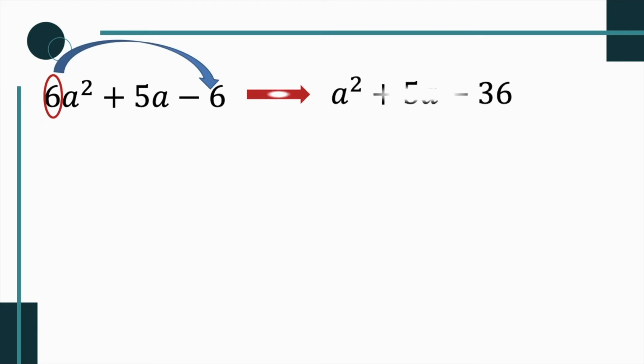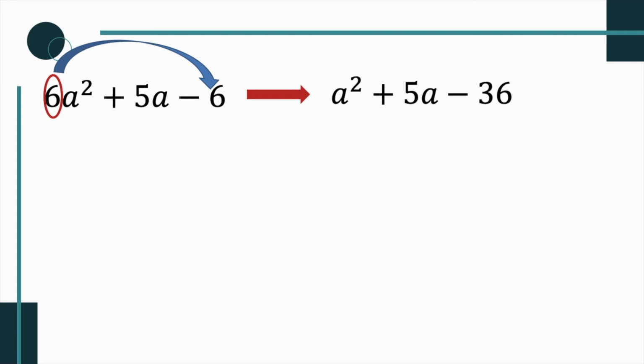How about this example? 6a squared plus 5a minus 6. Observe that the leading coefficient is not 1. But for us to make use of the strategy in the previous examples, we will remove the leading coefficient 6 and multiply it to the last term, giving us a squared plus 5a minus 36.